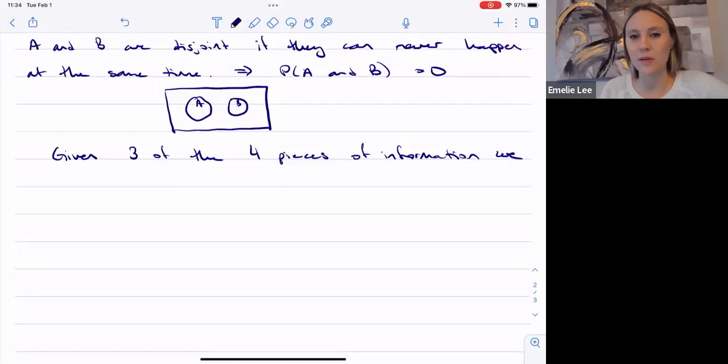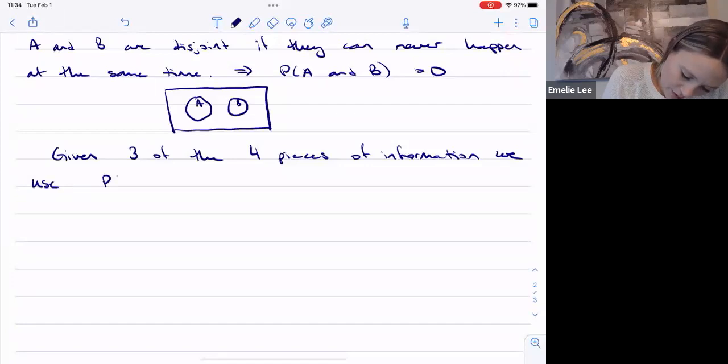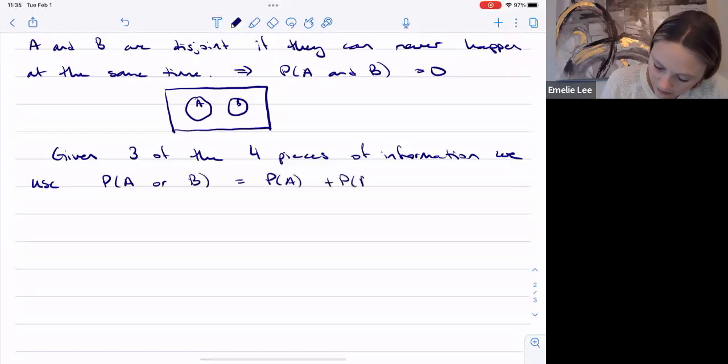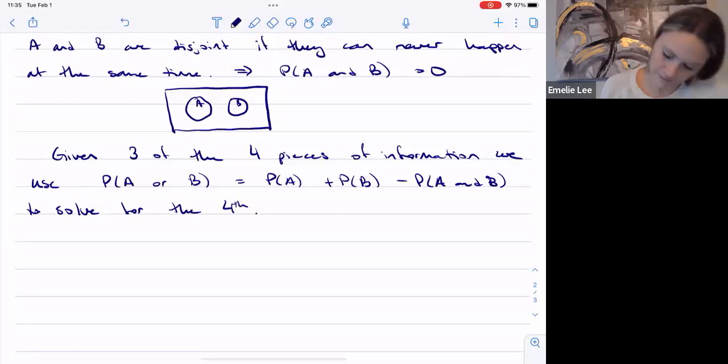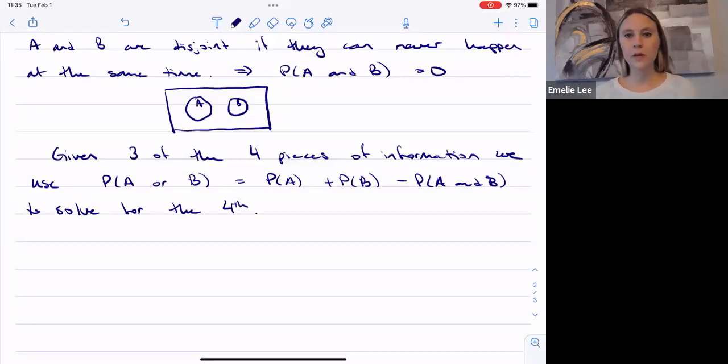Not just the probability of A or B, but we use the probability of A or B is the probability of A plus the probability of B minus the probability of A and B to solve for the 4th. Okay. So that's how those questions are going to go.